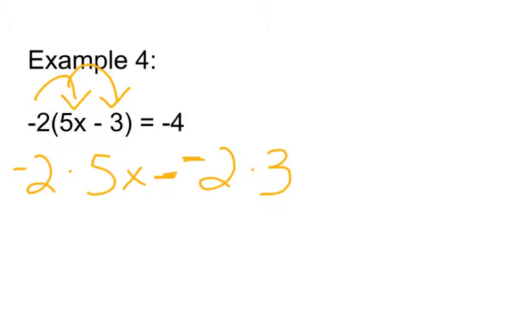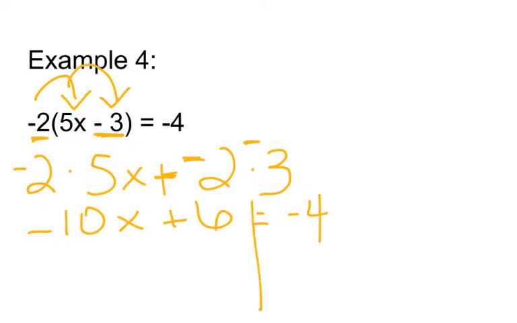Or you can see this as -2 times -3 and change that to adding a negative. But what you need to realize in this problem is there's a negative on the 2 and there's a minus there. So 2 negatives make a positive. So this is going to be -10x plus 6, not minus. It's a very common mistake that kids make.